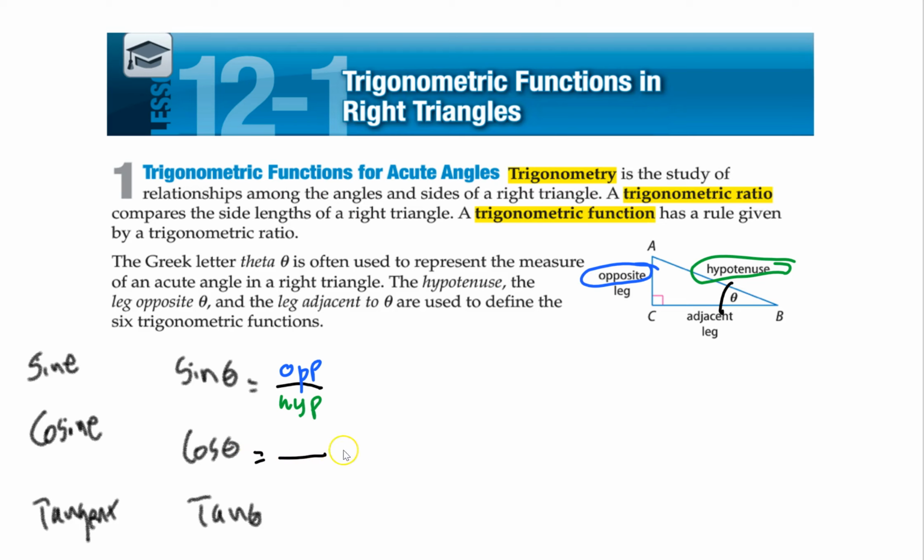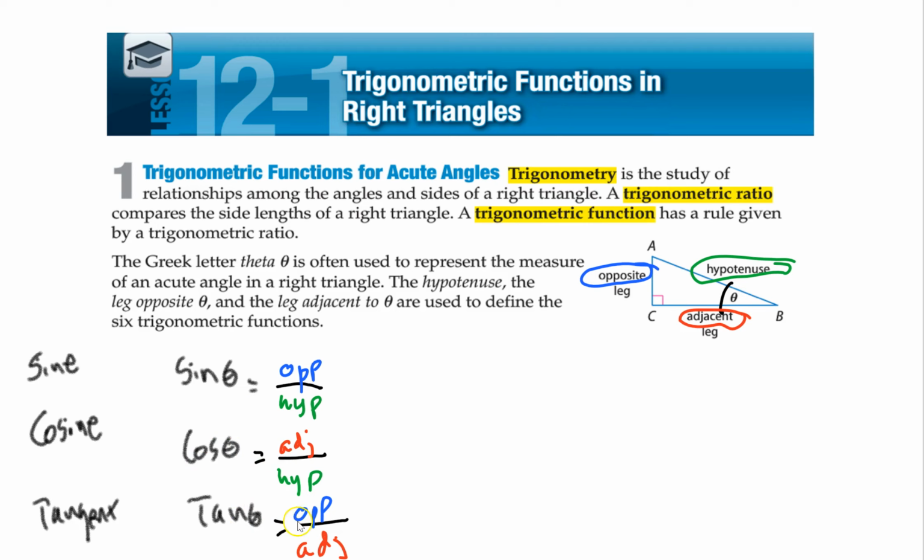Cosine equals the adjacent side over the hypotenuse side. And then finally we have tan, which is the last one, opposite over adjacent. Those are the most important 3 trig functions: sine, cosine, and tan. Sine is opposite over hypotenuse, cosine is adjacent over hypotenuse, and tan is opposite over adjacent.